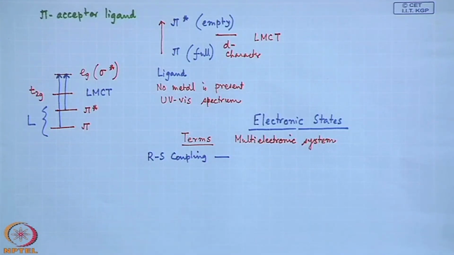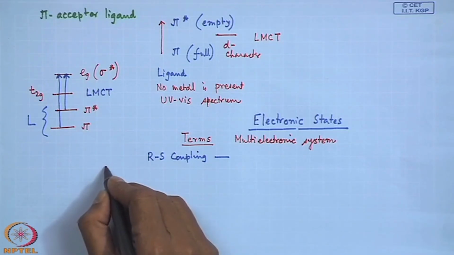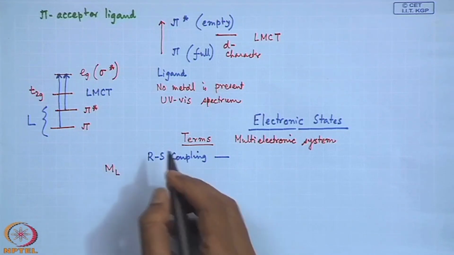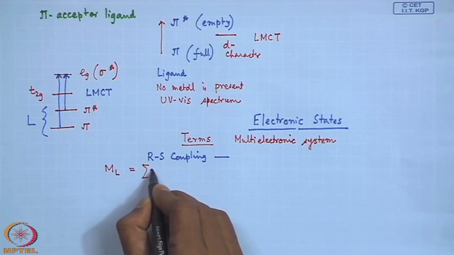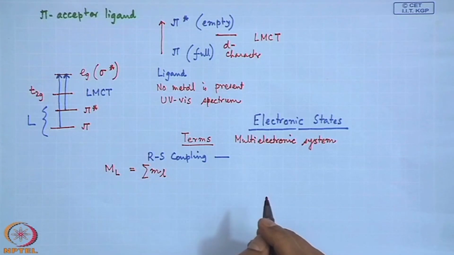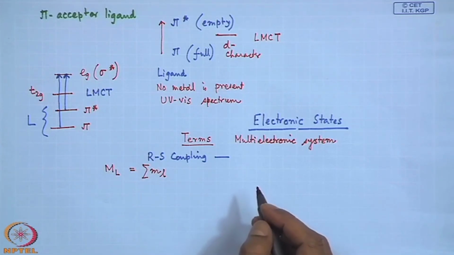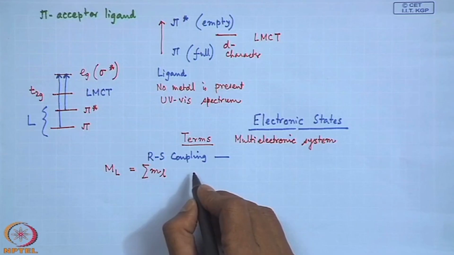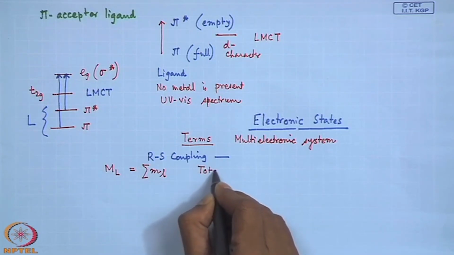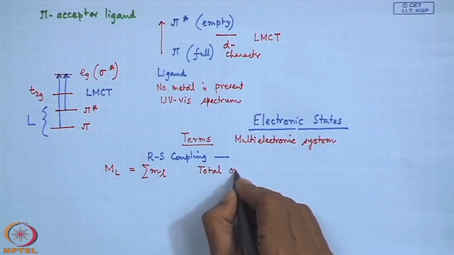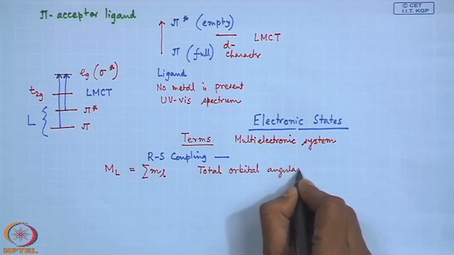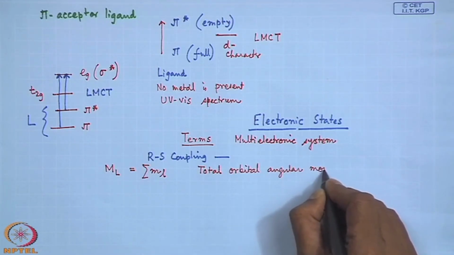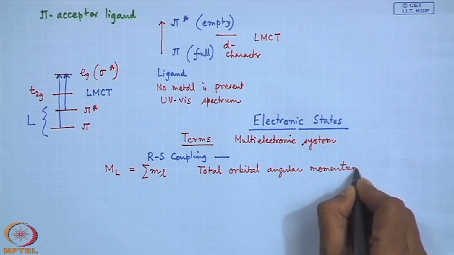In this coupling, the ml values for a multi-electronic system are summed over the individual ml values, the individual orbital angular momentum values, giving us the total orbital angular momentum.